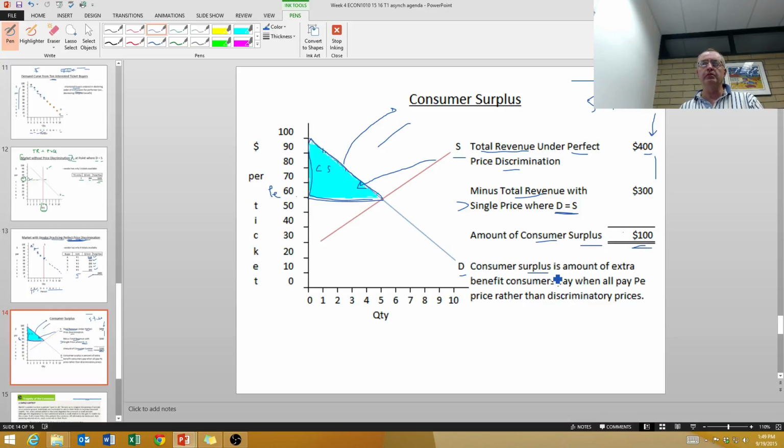So the consumer surplus is the amount of extra benefit that consumers receive rather than when the price is set on a discriminatory basis. I just want to make that correction: receive.